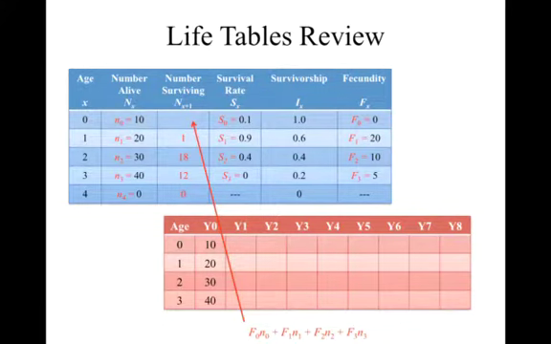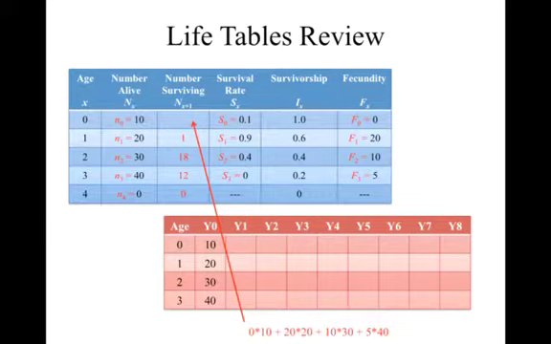And remember, to predict the number of newborns, we needed to look at births, and we needed to look at the number of babies each individual in each age class had. So I have to take my fecundity for my age 0 individuals and multiply that by my number of age 0 individuals, my fecundity for age 1 individuals, multiply that by my number of age 1 individuals, fecundity for my age 2 individuals, multiply that by my number of age 2 individuals, my fecundity for my age 3 individuals, and multiply that by my number of age 3 individuals.